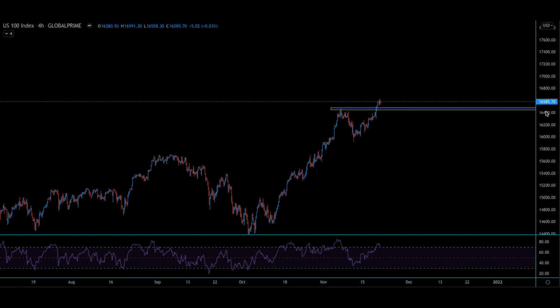Which means the stops are generous, and what that means is if it goes wrong, the slap can be quite severe.